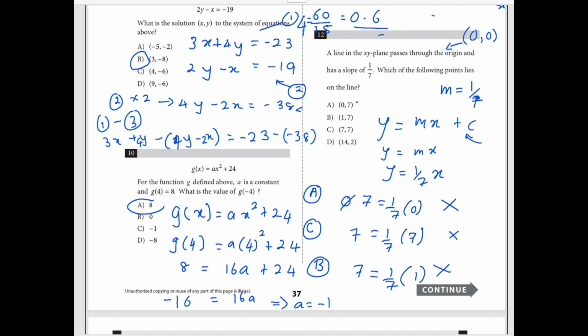Then what about the remaining option? 2 equals 1/7 times 14. Then cancel out this, 2 is equal to 2. Then this should be the answer.